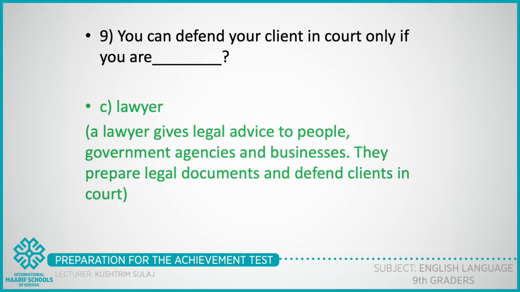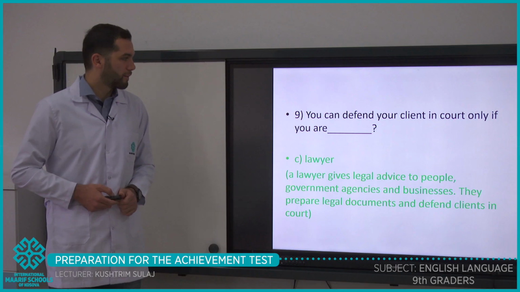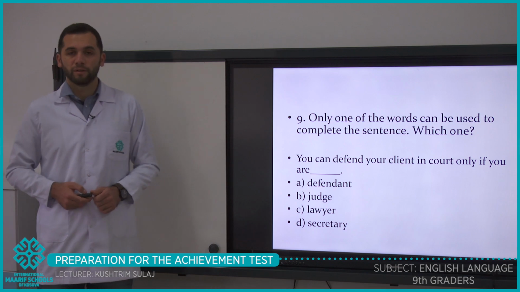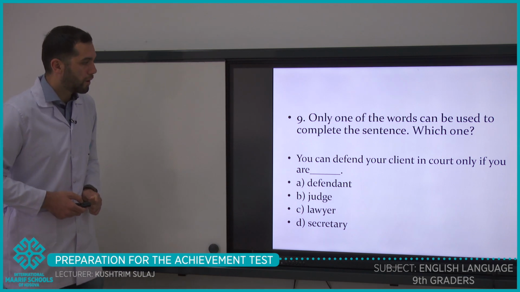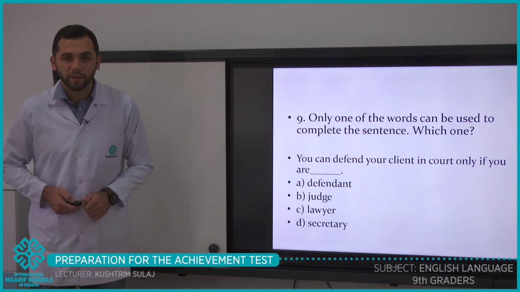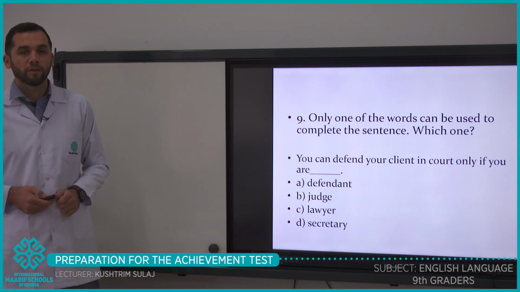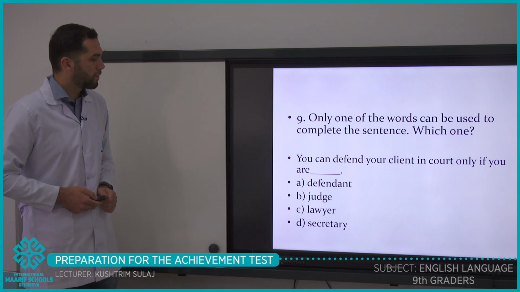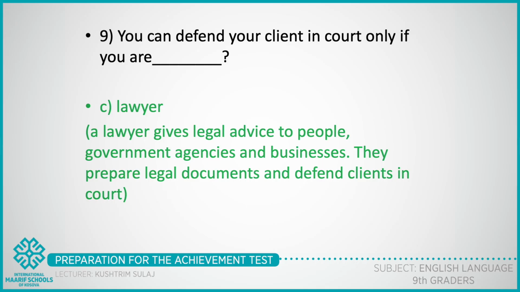The lawyer gives legal advice to people in government agencies and businesses. So they prepare legal documents and defend clients in court. If you are in trouble, if you are in the court, the only person that can help you is the lawyer. So the lawyer is the right answer.